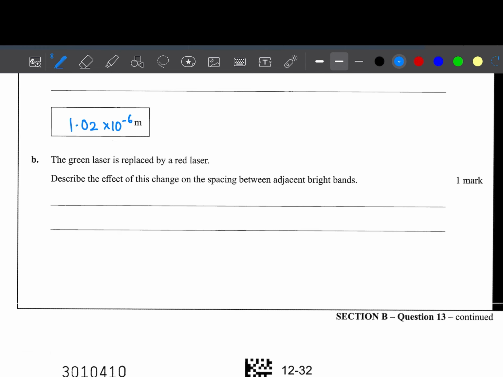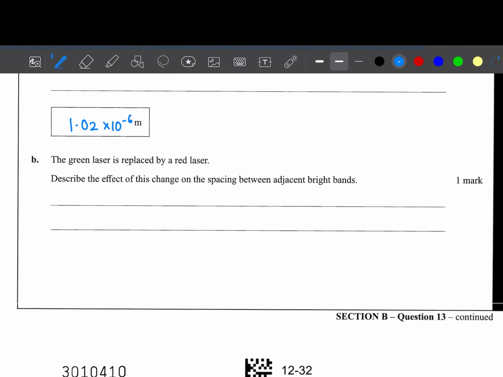The green laser is replaced by a red laser. Describe the effect of this change on the spacing between adjacent bright bands. Now, red has a longer wavelength, meaning that the wavelength will increase and hence the spacing will also increase, I think.